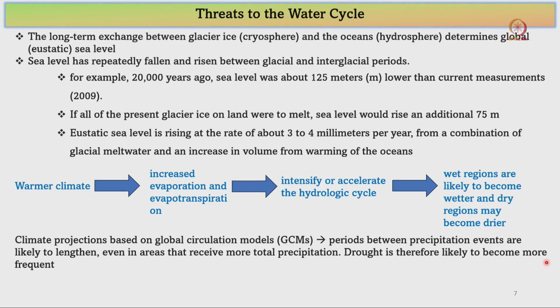These kinds of imbalances are happening due to climate change, and a lot of predictions are already being made. There are global circulation models and climate projection models, which are used to understand the likelihood of extreme events and to prepare ourselves better for the future.